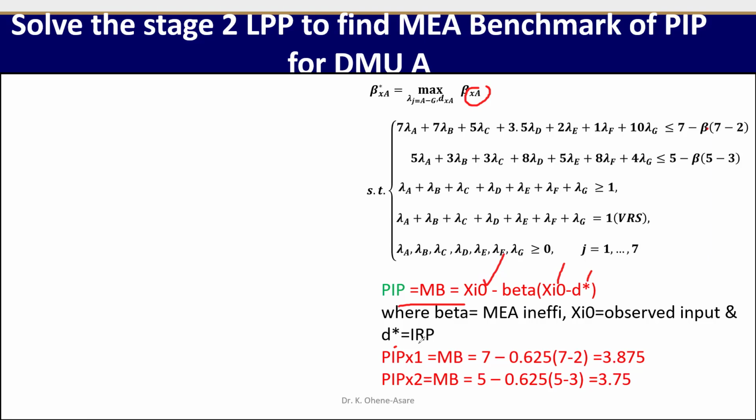And all of those terms have been explained here. So if you want the potential improvement point, it will be 7 minus the beta. It's the same beta both of them are going to use. That will give you these values. So these values become the MEA benchmark or the potential improvement point for input X1 and for input X2 as far as DMU A is concerned. I'm just doing A, but the software will give us all.